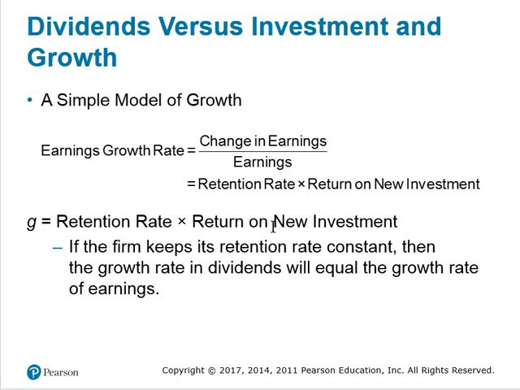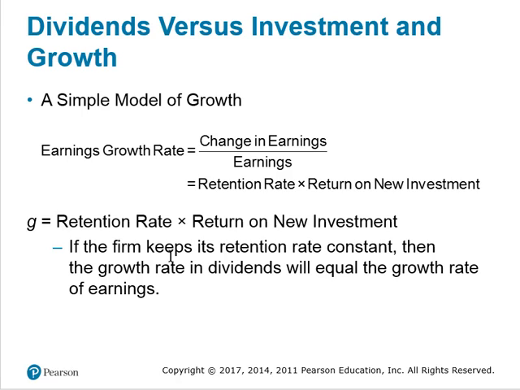What is this return? If we assume that the company is going to maintain similar profitability, we could use the return on equity, the ratio you can calculate, which is just net income divided by common equity. You figure that ratio, and that's the number you would use there.